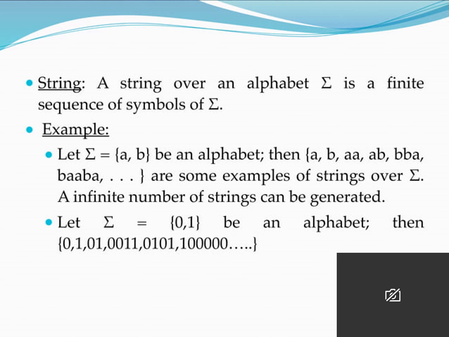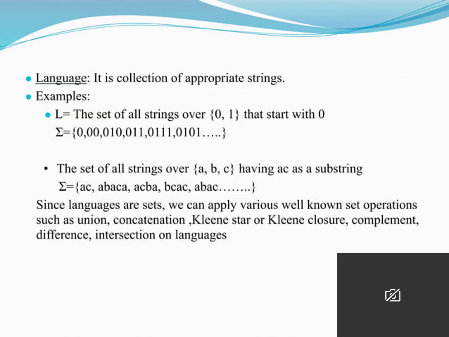Here, an infinite number of strings can be generated. There is no limit to generate. We can generate an infinite number of strings through the alphabets. In such a way, we can gather various input strings from the collective alphabets. So we have learned about alphabets and strings.